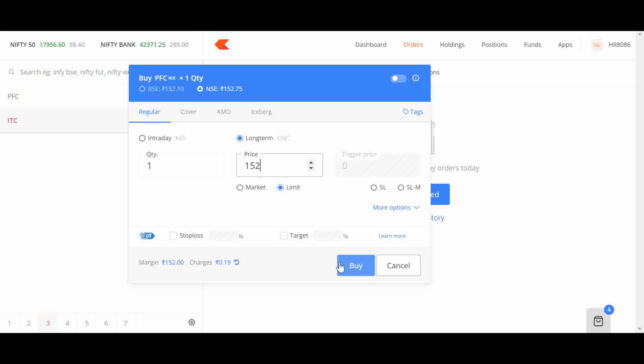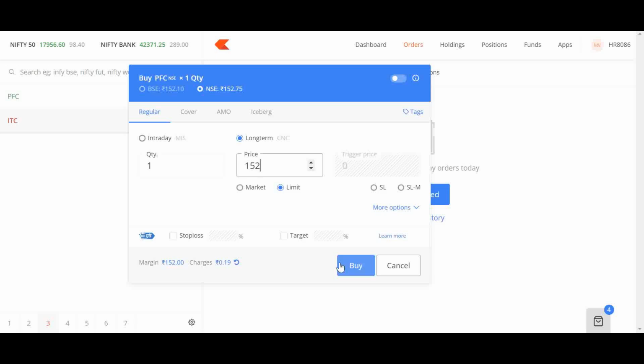This particular order will be valid for that particular day only. So when the stock reaches 152 on that day itself, this order will get triggered and your order is successful.